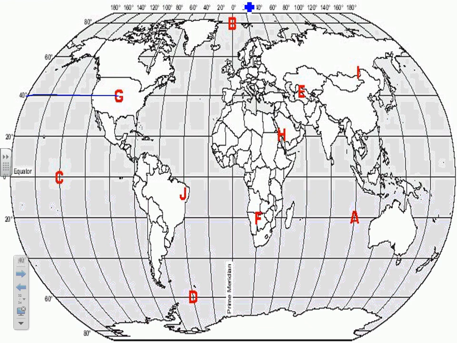We're going to trace that down and meet at the G. So we know that G is located at 40 degrees north and 100 degrees west. So that is the location of letter G on the Earth. It's 40 degrees north, 100 degrees west. Now we're going to practice another one.